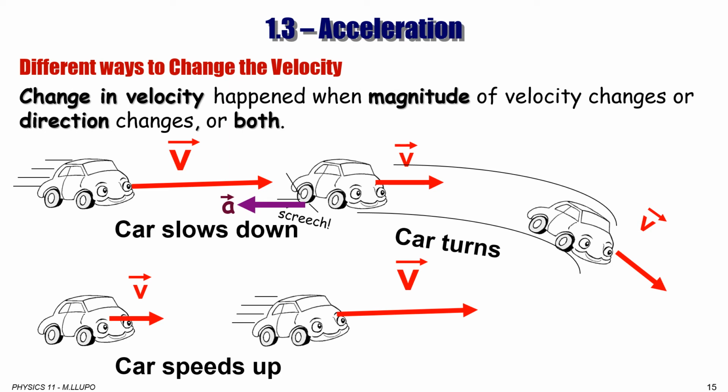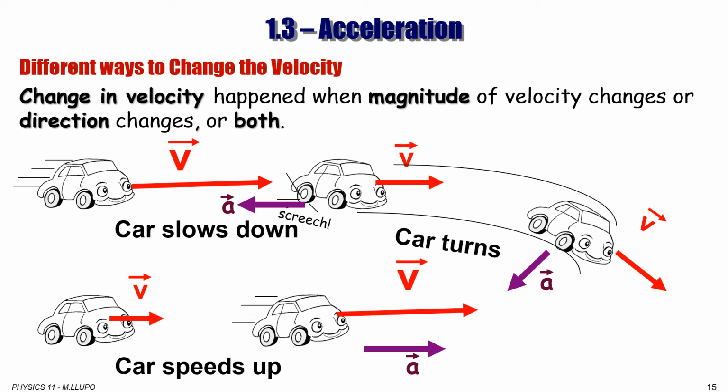Now, if this car turns a curve, then the acceleration, which we're going to learn in grade 12, is directed toward the center of that circle, of that curve. That car is going through circular motion. More about this in grade 12, chapter 3. But for now, what about when it speeds up?